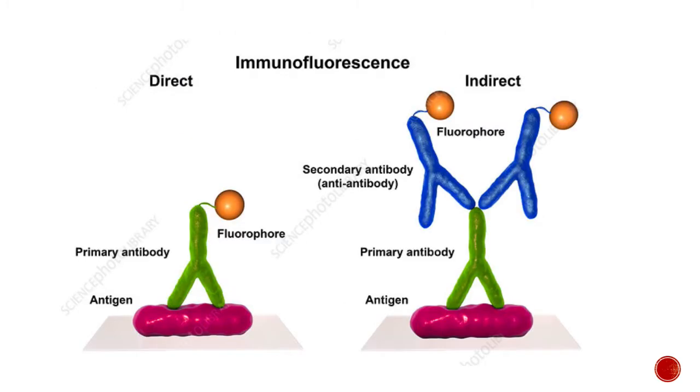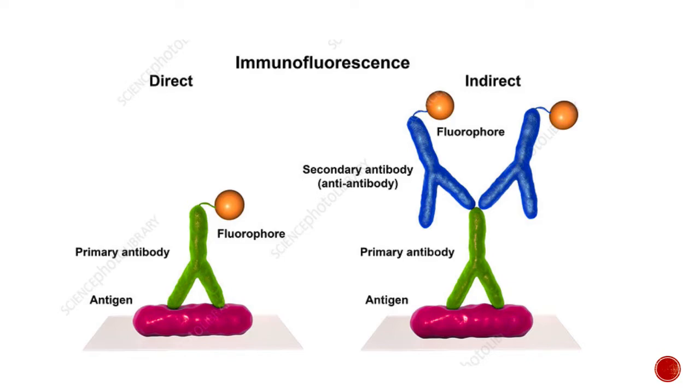And what is immunofluorescence? Immunofluorescence can be of two types, direct and indirect. In direct, the antigen and antibody interact, but the antibody contains a fluorophore. A fluorophore is a chemical molecule which shows the property of fluorescence.